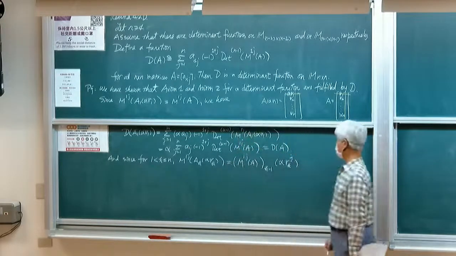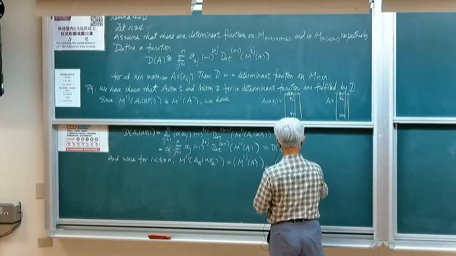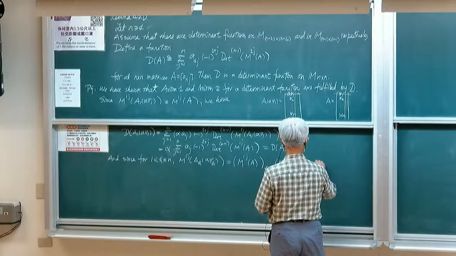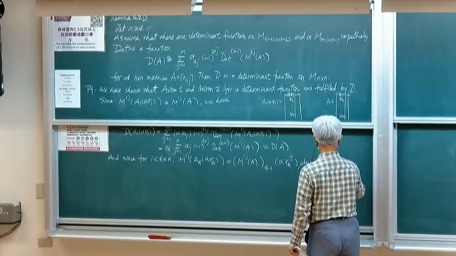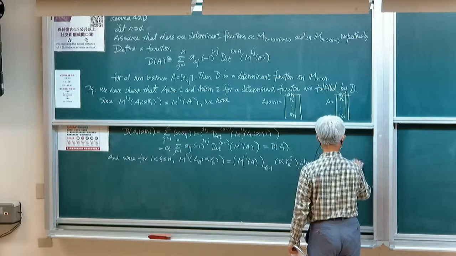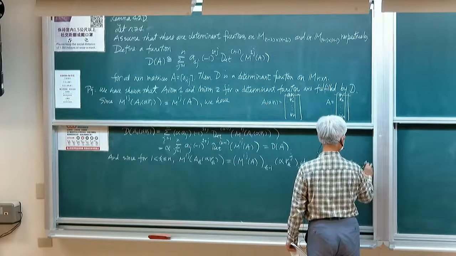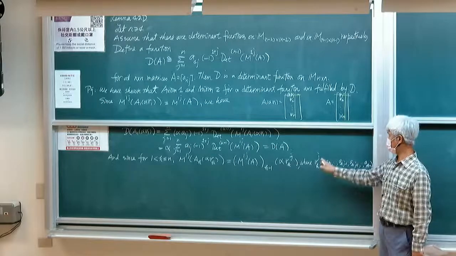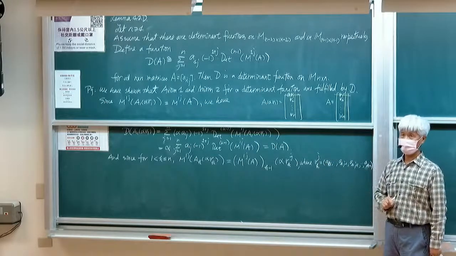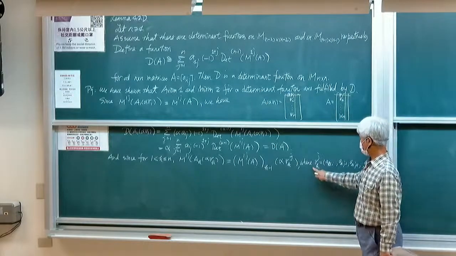And remember, Rkj is Ak1 up to Ak,j minus 1, Ak,j plus 1 up to Akn. So Rkj is that you just delete the jth component of Rk. So this vector is an n minus 1 dimensional row vector.